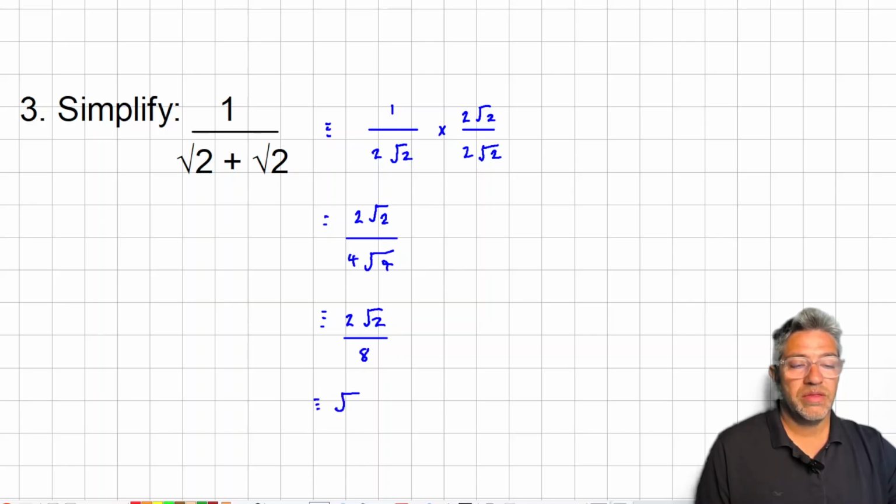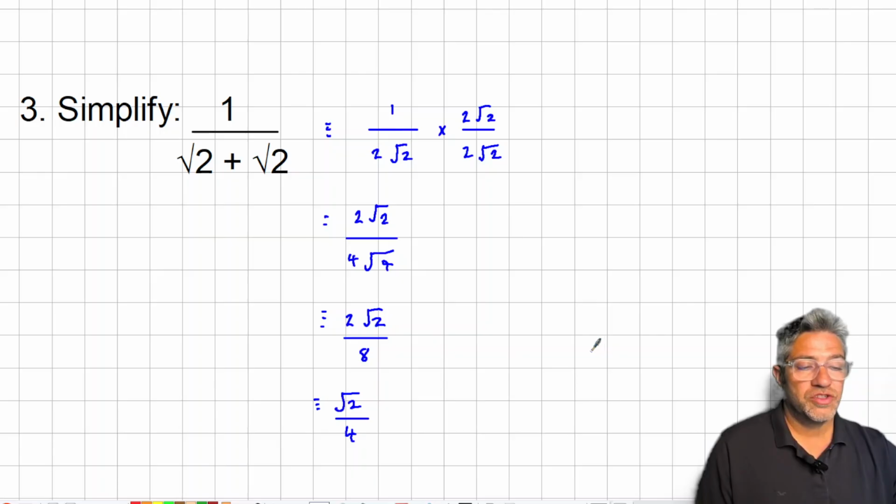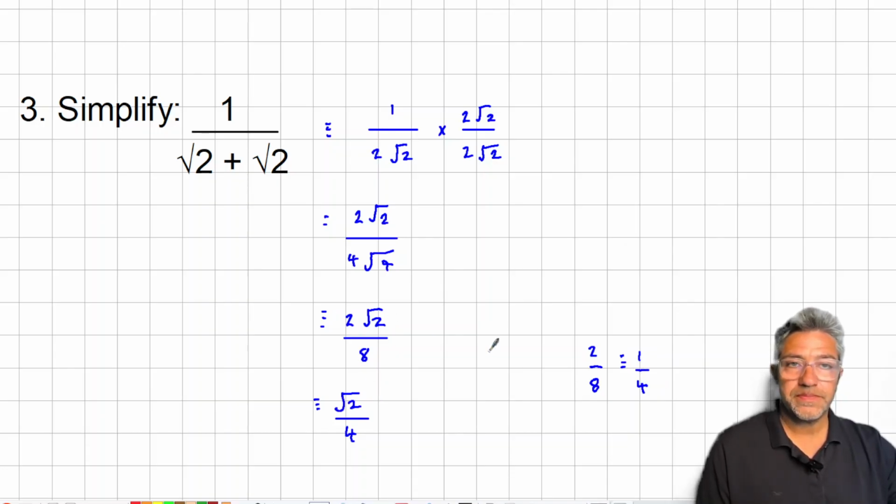Which leaves me with root 2 over 4. I'll just do a little bit of work at the side here, and that's because 2/8 is equivalent to 1/4. Again, simplifying fractions being called upon.